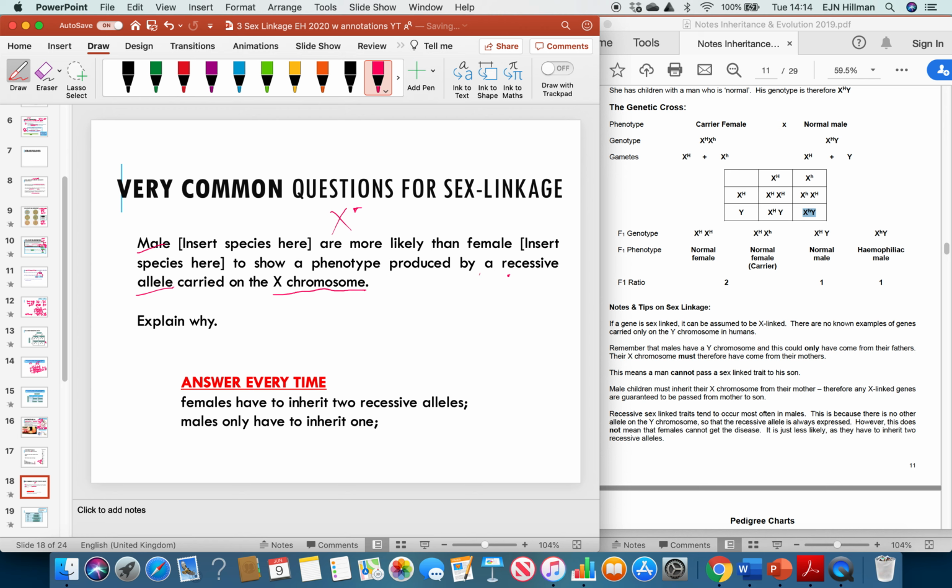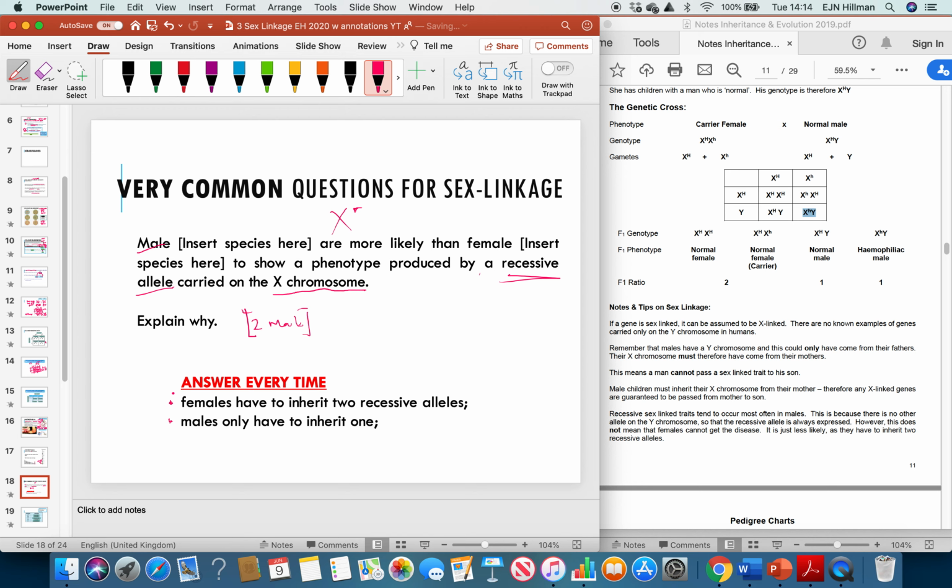Okay, so if we explain why that is, here are the two marking points. These have come up a lot. I've mentioned it already today, but you must include these two marking points. This would usually be a two-mark question. So females have to inherit two recessive alleles.